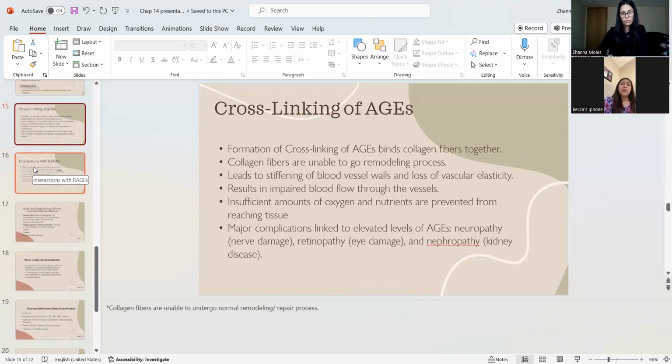The collagen fibers are not going to be able to undergo the remodeling process, which is going to lead to stiffening of blood vessel walls and also loss of vascular elasticity. So it's going to impair blood flow through the vessels. That's going to lead to insufficient oxygen and nutrients reaching our tissues, which can lead to major complications with an elevated level of AGEs, such as neuropathy, retinopathy, and nephropathy.